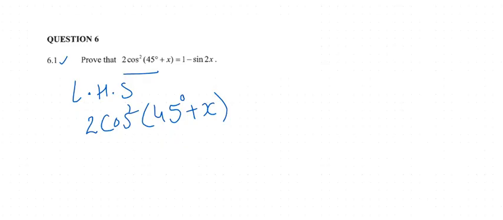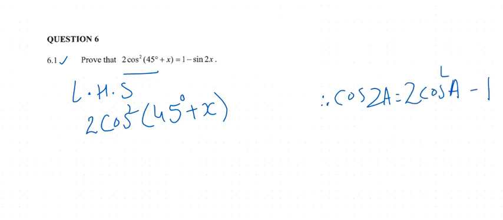Okay, so we have this value and we can write it as 2 cos square A equals cos 2A plus 1, since the minus 1 becomes positive when we take it to this side.